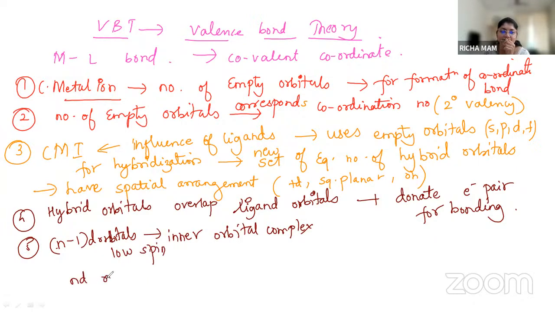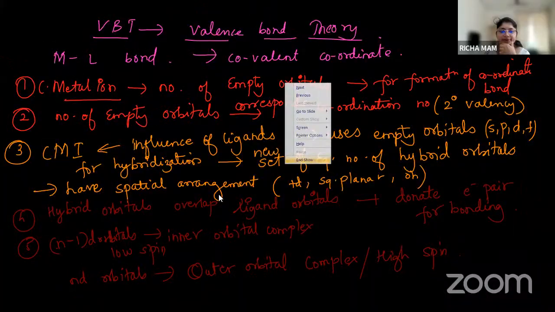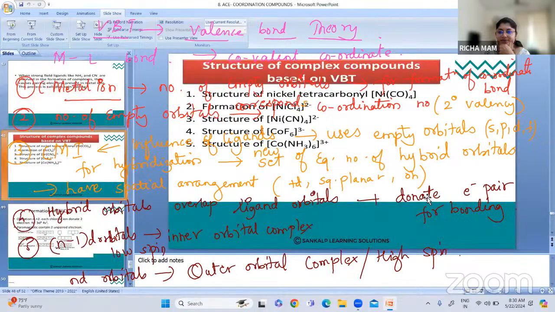And if you are using nd orbitals, then it gives rise to an outer orbital complex, or a high spin complex. So this is about valence bond theory. Is it clear? These are the short points I have given you so that it will be understood. So we have discussed the valence bond theory.